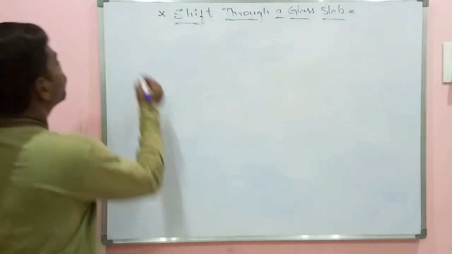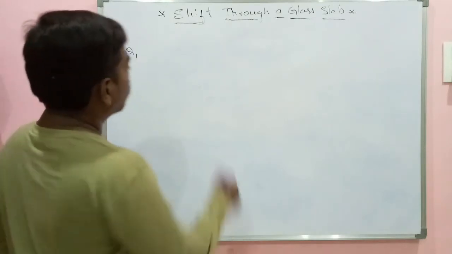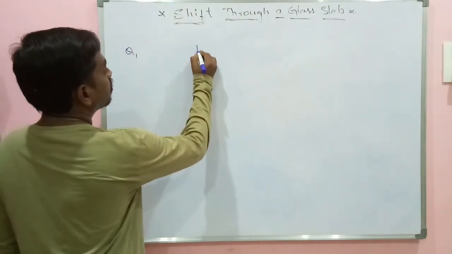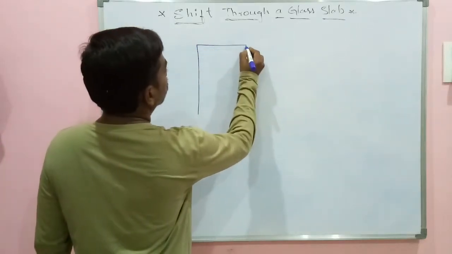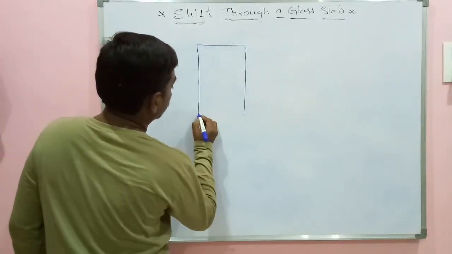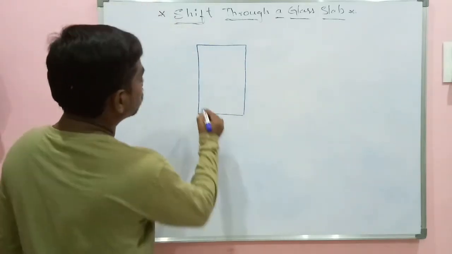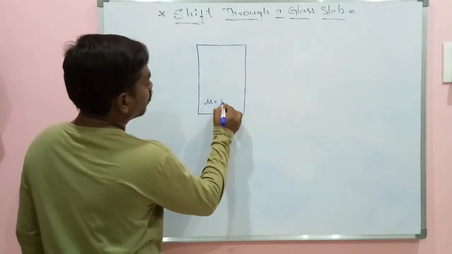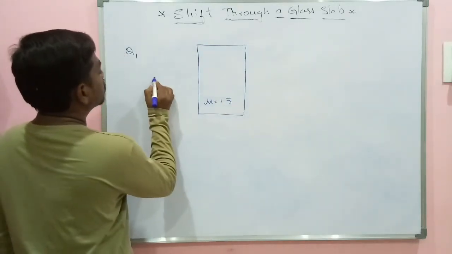So take down question number 1 based on this formula. I have a glass slab of refractive index mu equals 1.5. So this is the object place.